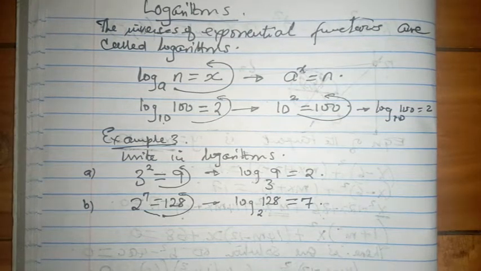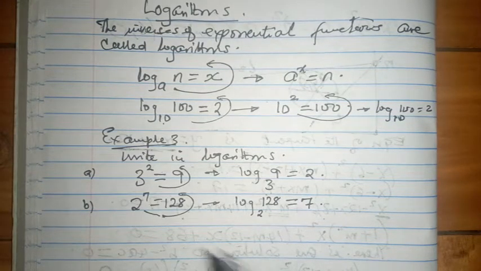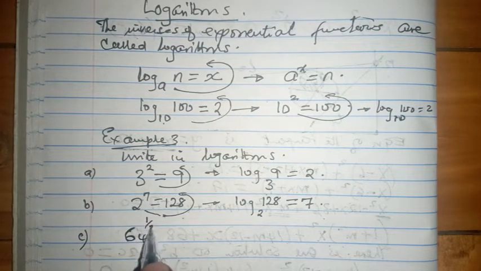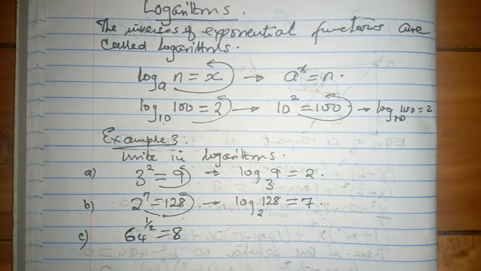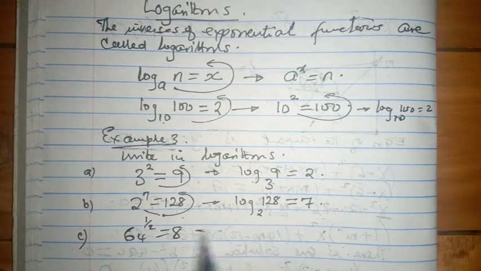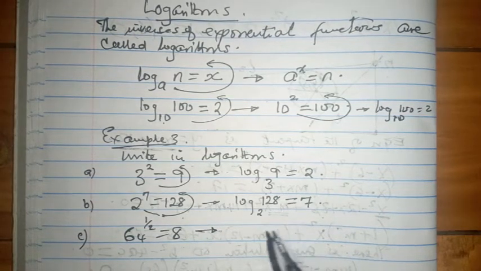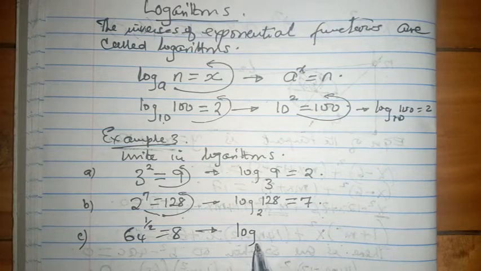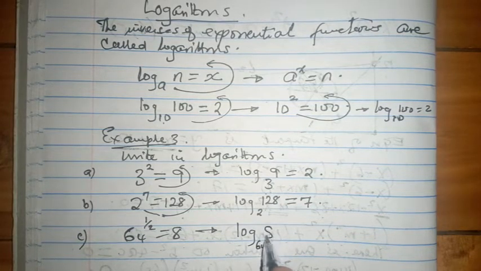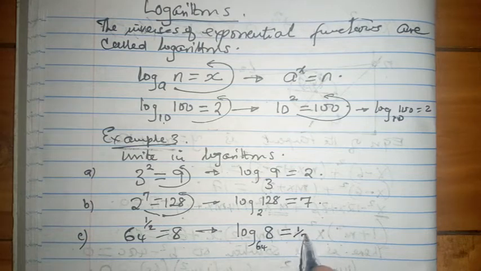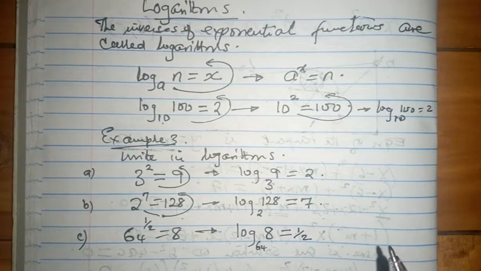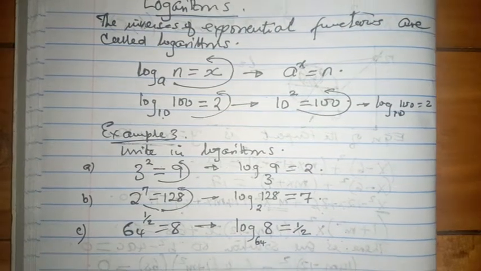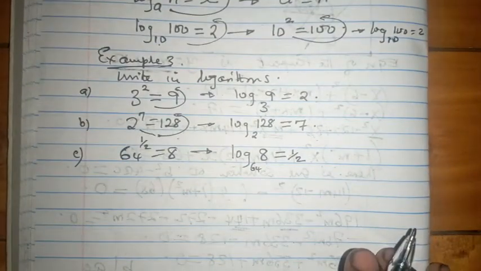It's as simple as that. And the last one, C, 64 raised to power a half is equals to 8, which we know, the root of 64 is 8. Writing this one in logarithmic notation, we talk about the log to base 64 of 8 is equals to a half. And that is as simple as that.